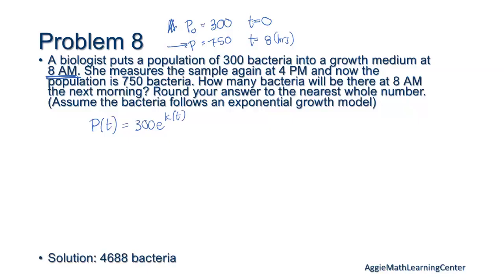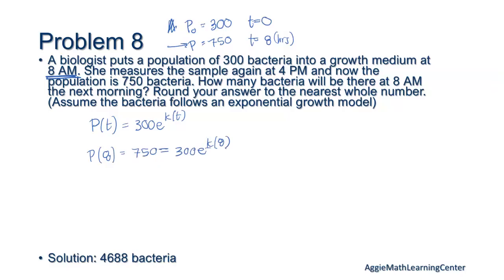So what if I used it? What would happen? At time t equal to 8, I know that the population is equal to 750. And I also know that the rest of the equation looks like this. Not sure what K is, but I do know that t is equal to 8. And now the only thing I don't know in this equation is the K value, so I can simplify.